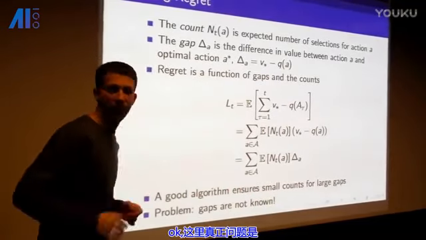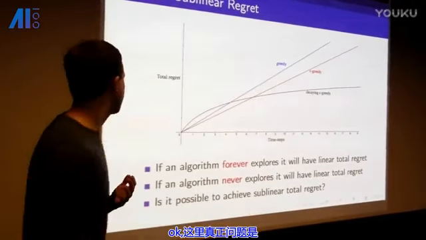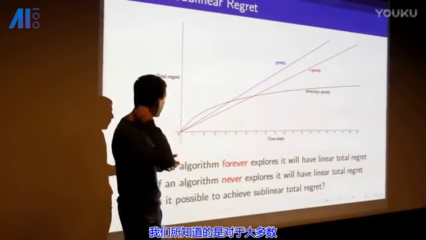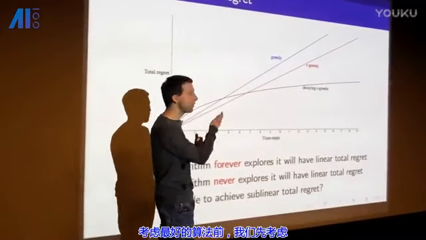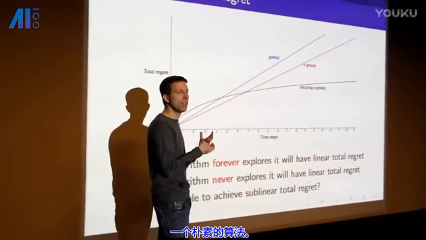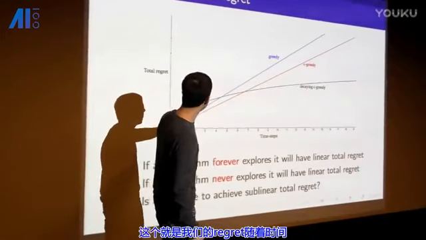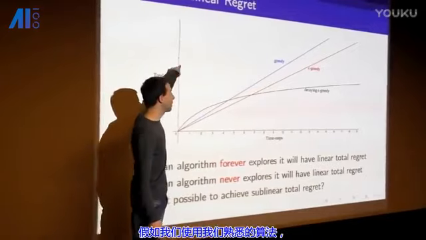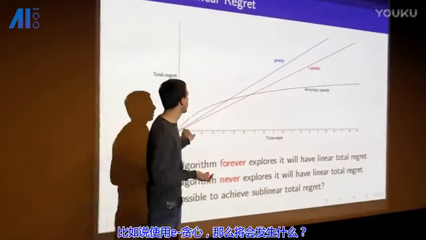Okay. So the real question here is what does this regret look like over time? What we'll see is that for most naive algorithms, and we'll consider a few naive algorithms before we consider better ones, if this is time over here, and this is the total regret that we've accumulated, what happens if we use one of our familiar algorithms like epsilon greedy?